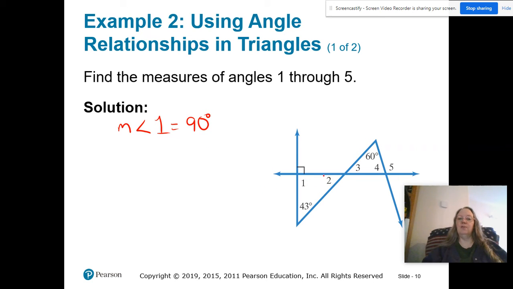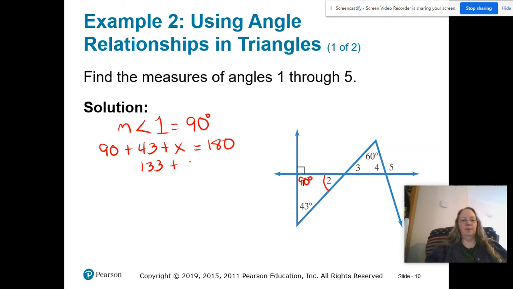All right, from there we can find angle 2, because now I know 2 of them. This one has to be 90 degrees, and this is 43. So 90 plus 43 plus my angle 2 has to equal 180. 133. Let's see how good I am at mental arithmetic. And we're going to subtract, and we get 47.